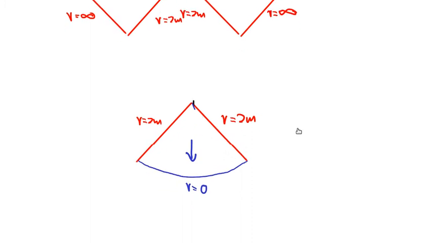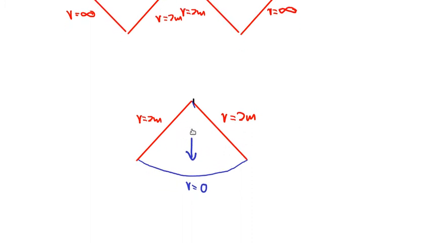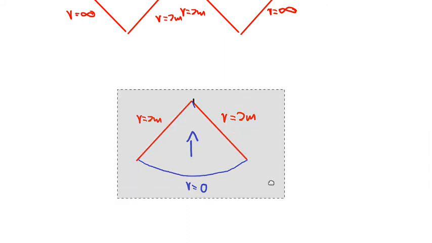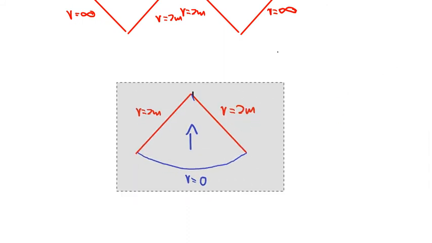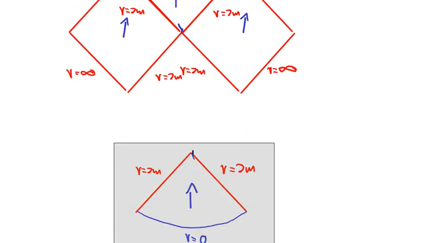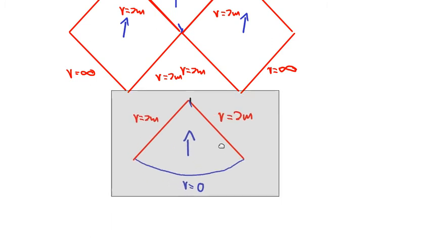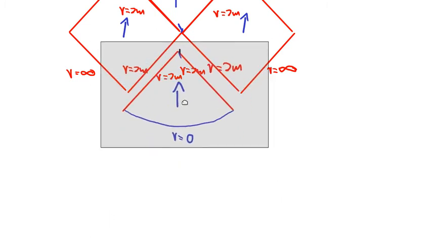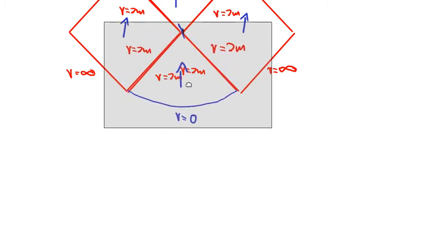So I can just reverse the arrow and make it point in this direction. And so after changing time orientation, it is now possible to match. I have to get closer. So now we can match the diagram.